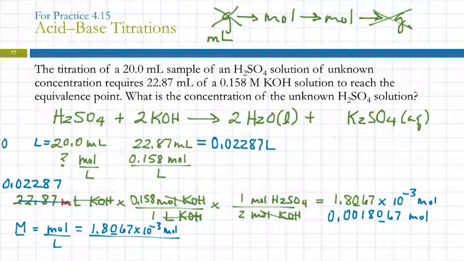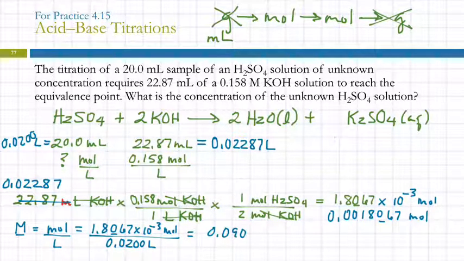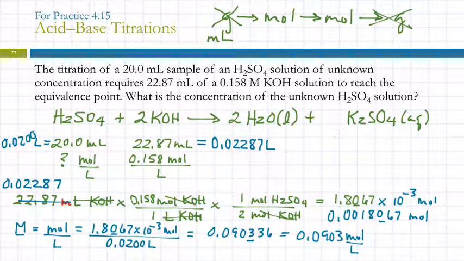So this is going to be 0.0200 liters. And there we go. That's the concentration of the unknown sulfuric acid.